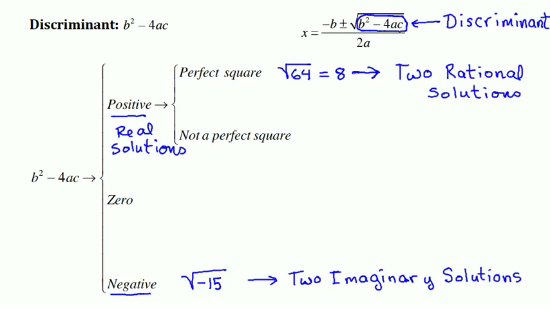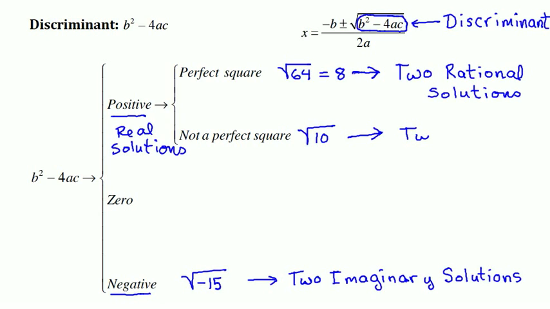Now, if that number is not a perfect square, like for example if we have the square root of 10, then we can't get the square root out of our answer. So our final simplified answer is still going to have a square root in it. And that means that my solutions are going to be irrational. I still have two of them because in one case I'm adding the square root of 10, in the other case I am subtracting the square root of 10.